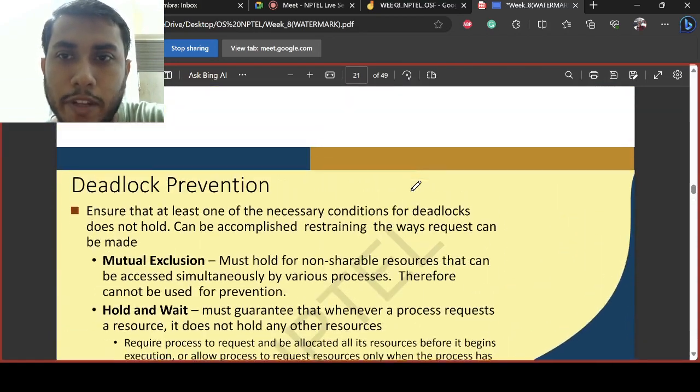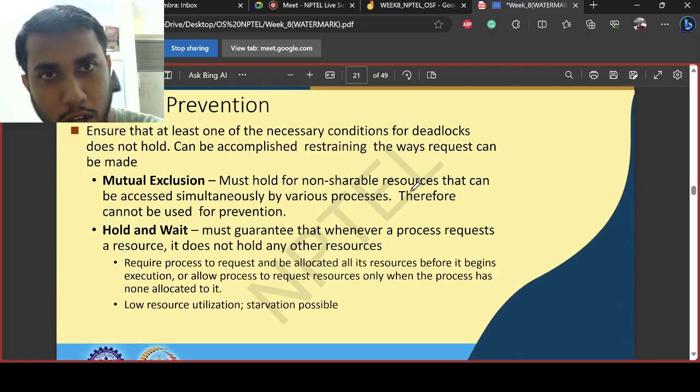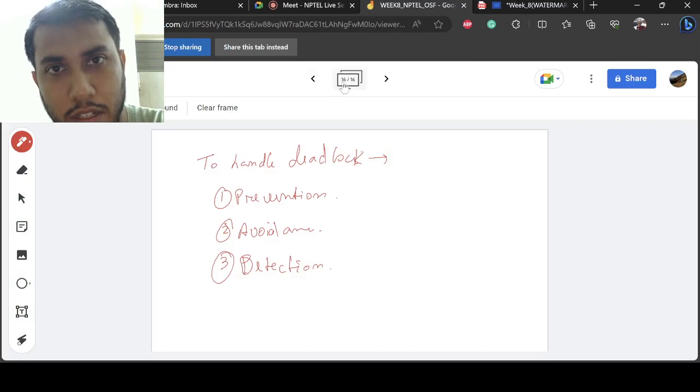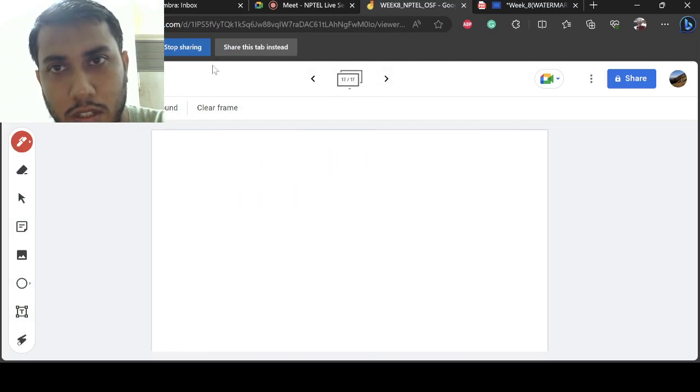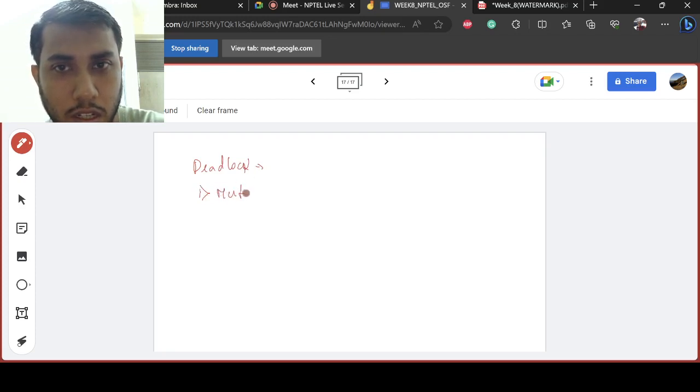So what is deadlock prevention? It ensures that at least one of the necessary conditions of deadlock doesn't hold. So we have seen all the conditions for deadlock. What are the conditions? One, mutual exclusion.